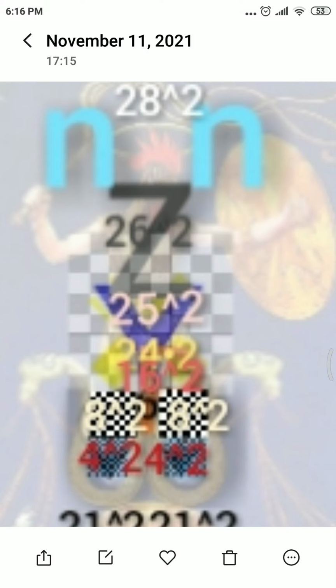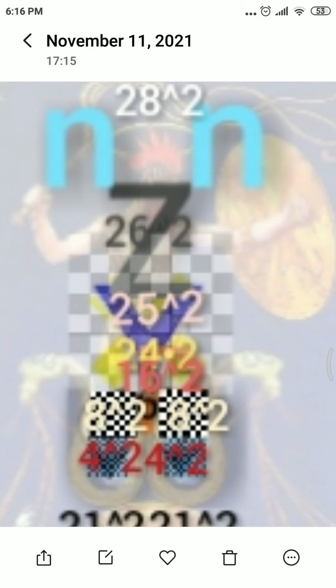And then this guy, 26 squared, this is what we call Z. When we say Zion, mostly the Jews worship Z, they're called Zionists, so they worship Z. So this Z is 26 squared, which is nothing but 786.